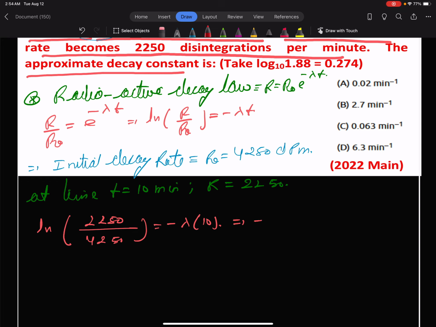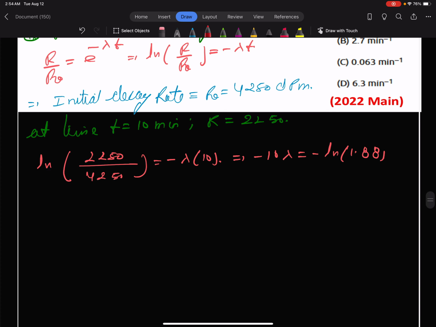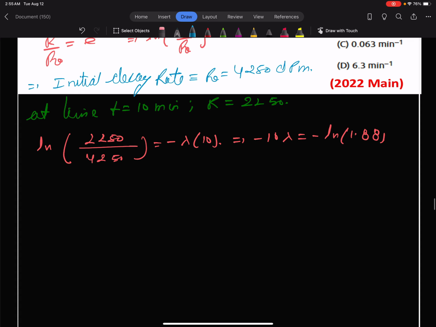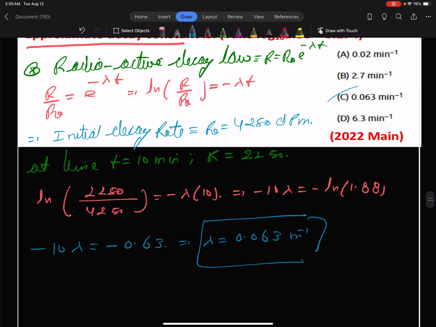So minus 10 lambda will be equal to minus natural log of 1.88, and this gives us minus 10 lambda equal to minus 0.63, giving us the value of lambda as 0.063 per minute. So option number C is correct.